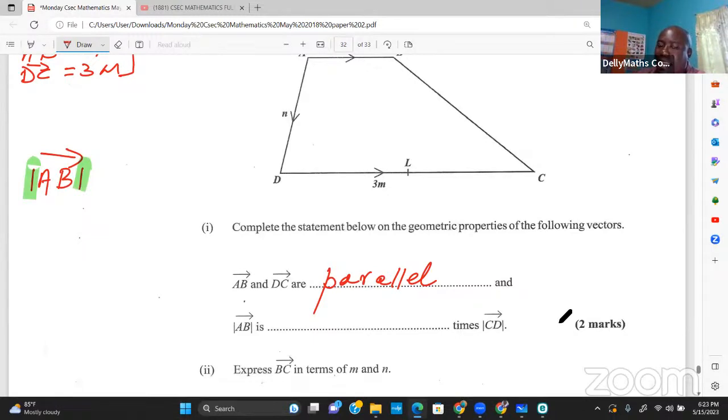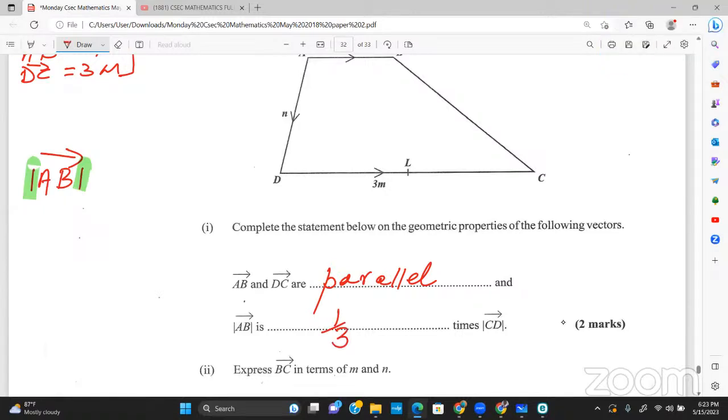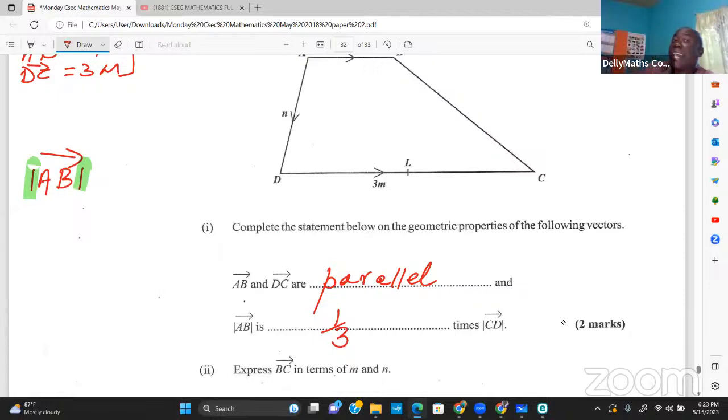the length of AB is dash times the length of DC. So if you put 3, you're telling me that the other one is 9. You have to put 1/3. Be careful, be careful. So yes, you understand everything, but how they phrase the question, you now have to be careful how you respond. You can know the thing and just not be reading properly.